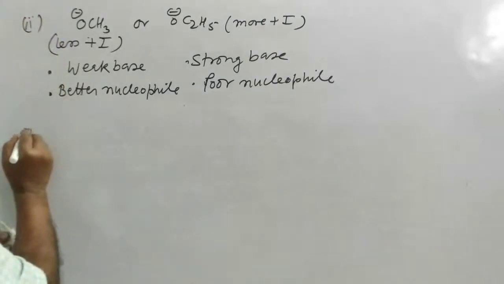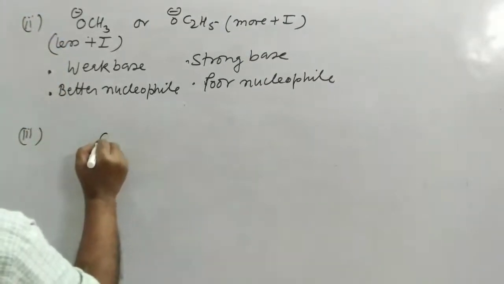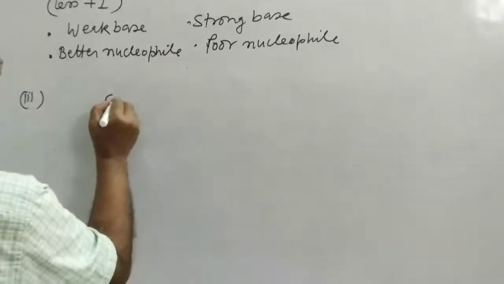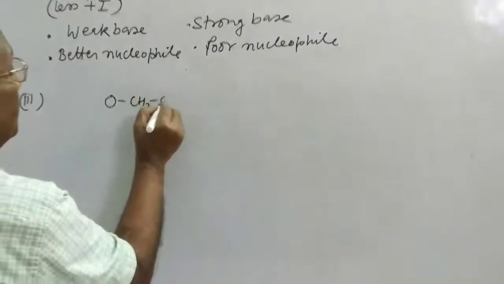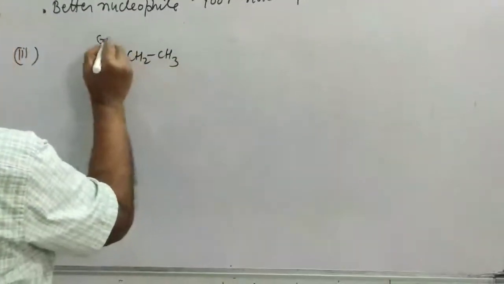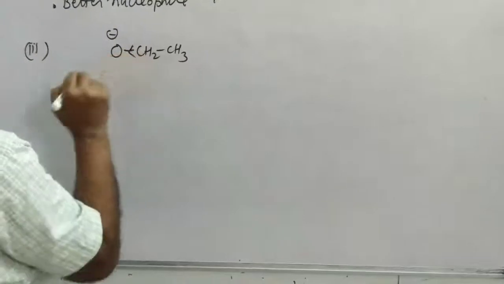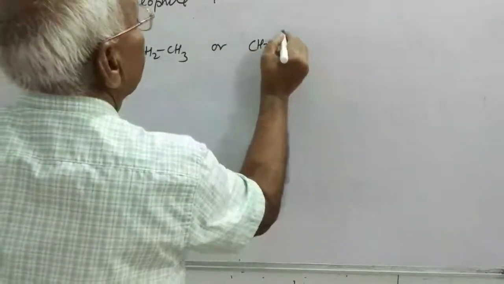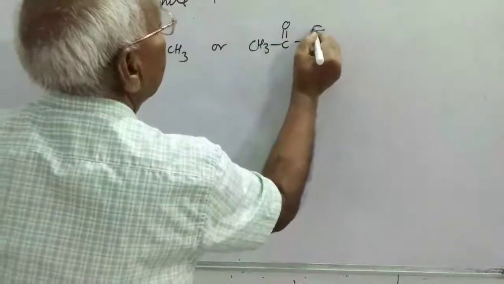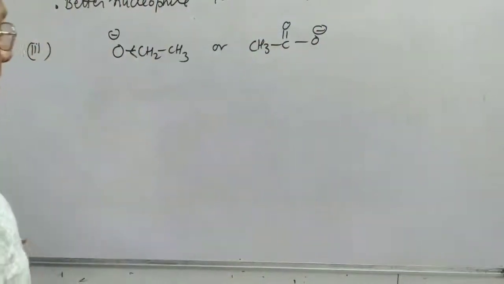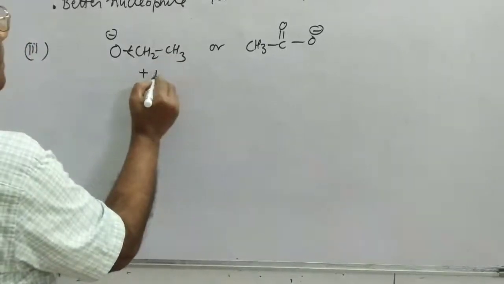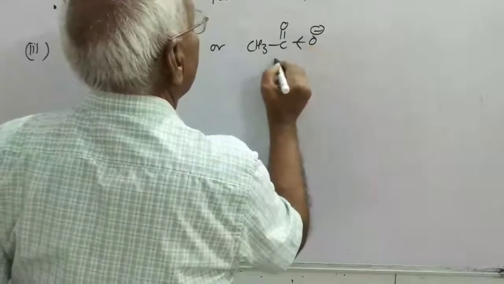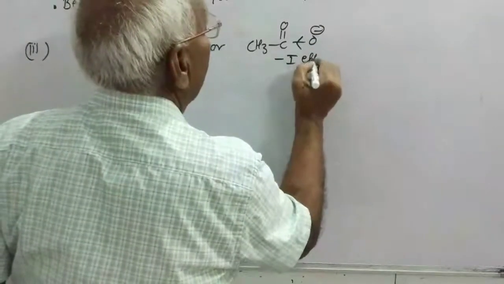Example 3 is, say, OC2H5, I can write like this, OCH2CH3, and this is CH3COO, the acetate ion. This has got plus I effect. This has got minus I effect, a reverse effect.